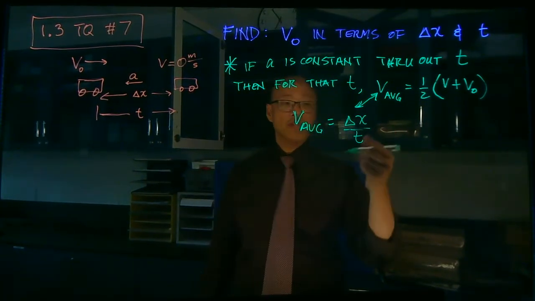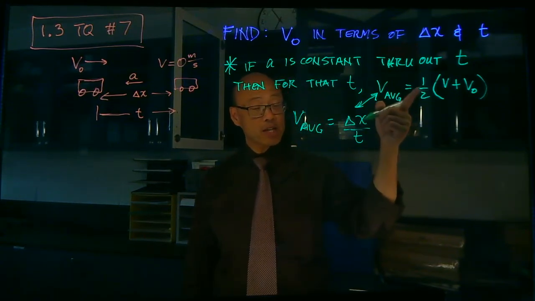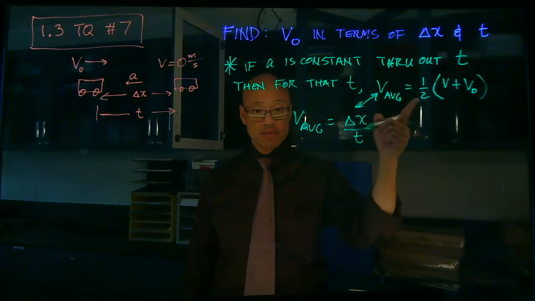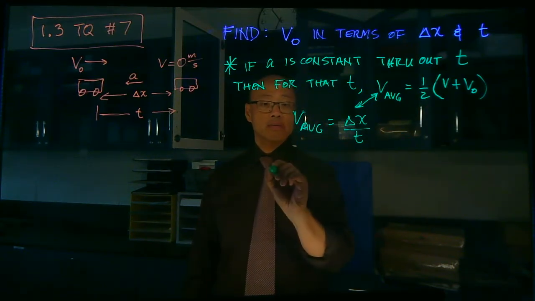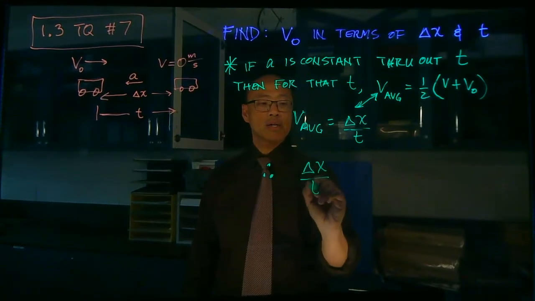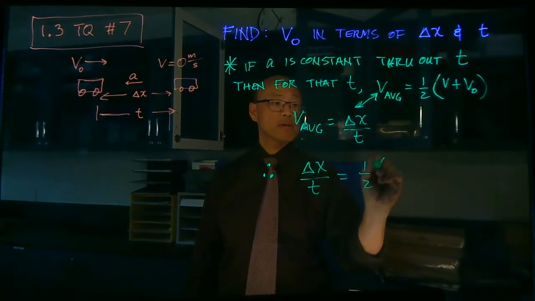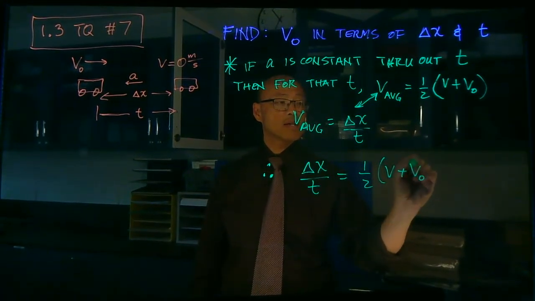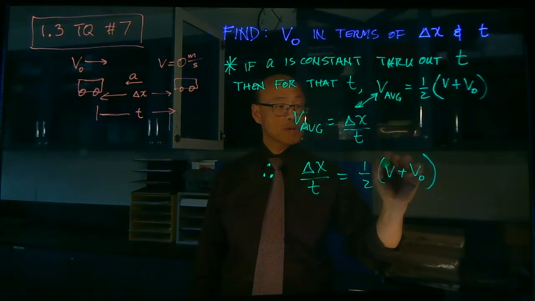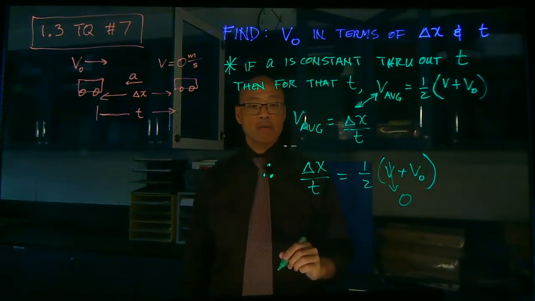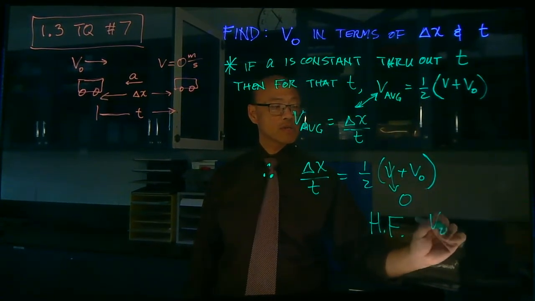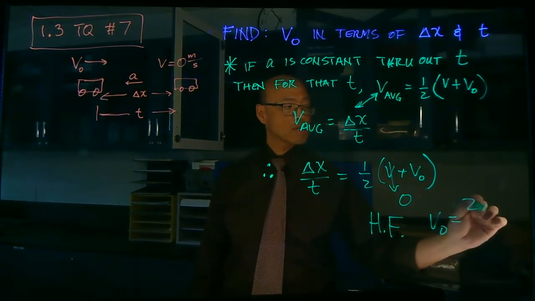So if you remember that equation, then delta x over t has to equal 1/2 v plus v naught. And for this system, my v is 0, and you're home free. v naught is equal to 2 delta x over t.